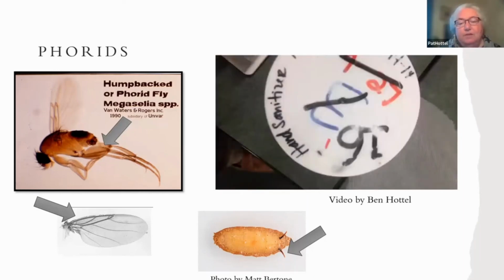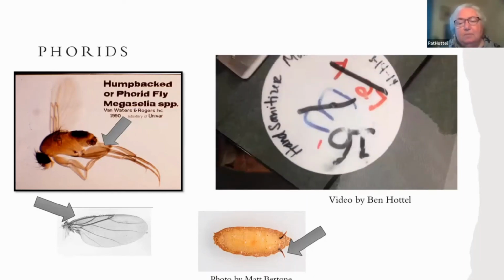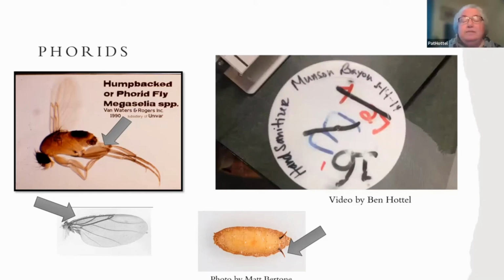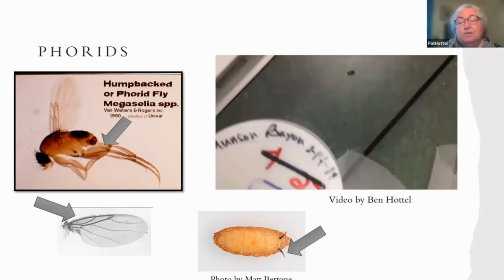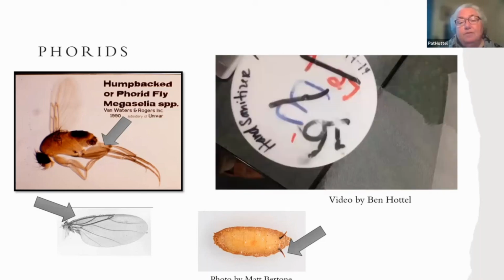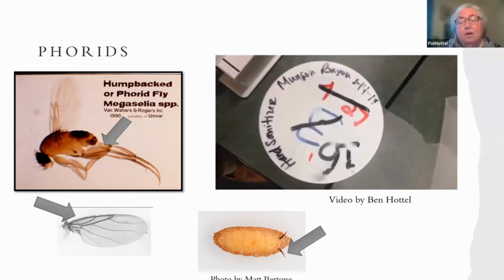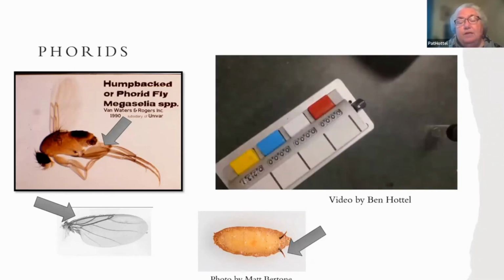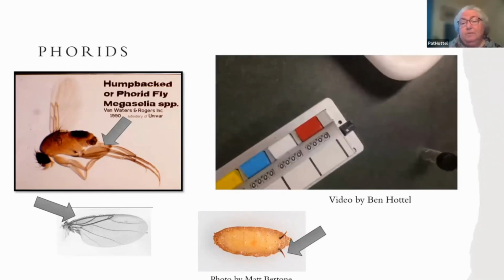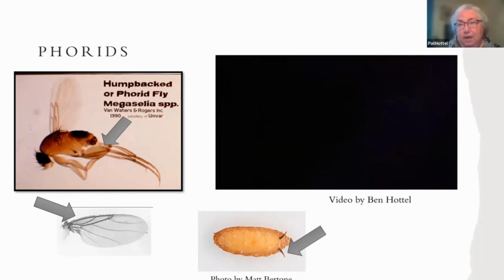In the video that you're seeing to the right, just like I talked about some of the behaviors as useful in identification, phorid flies are called scuttle flies as well as humpback flies, humpback referring to their body shape, but scuttle, that erratic behavior that you're seeing in the video. And sometimes from a distance, I can see that behavior, not even having picked up the fly to look at it, but just that erratic behavior is a key that it's phorid flies.